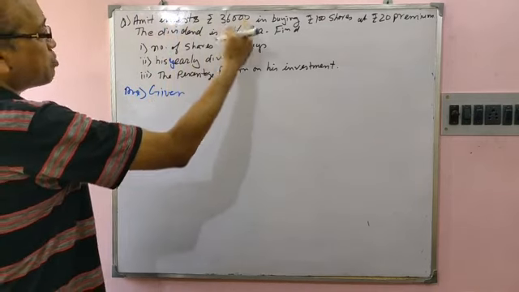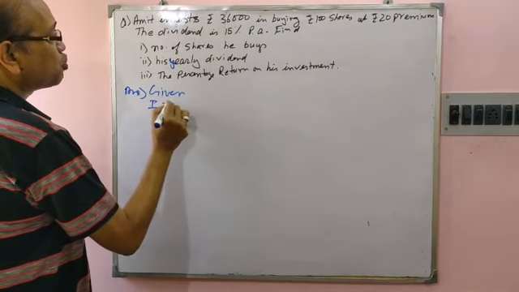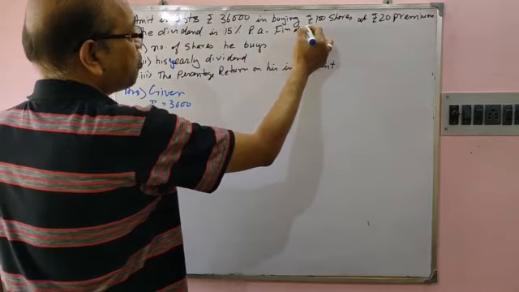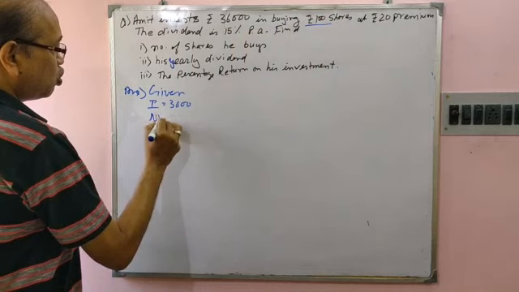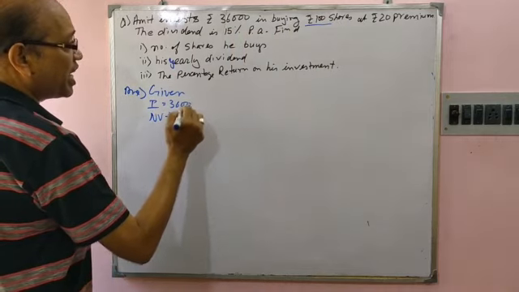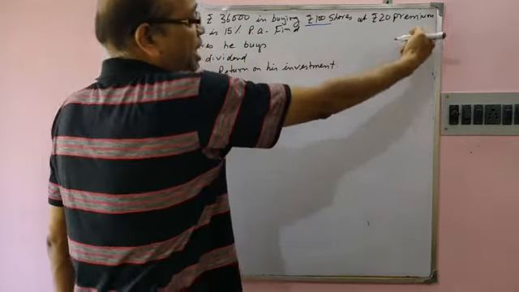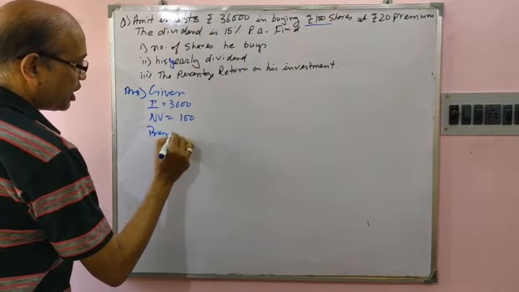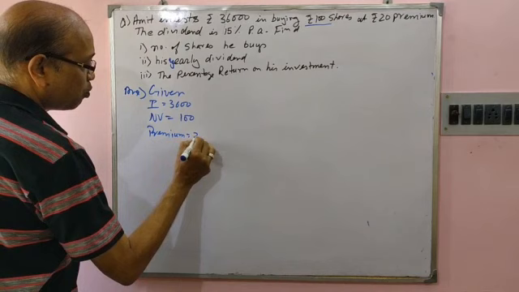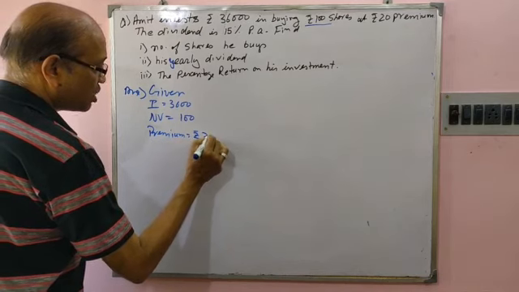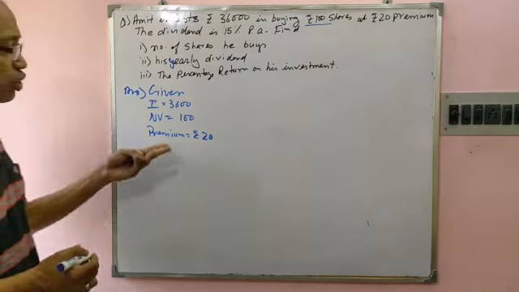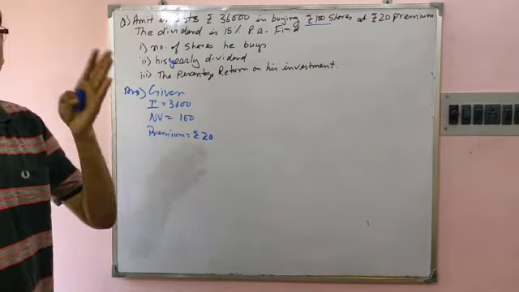Given investment is equal to 36000. In buying rupees 100 share, that means nominal value is 100, at rupees 20 premium, that means premium is rupees 20. Once this word premium or discount comes, then you have to find the market value.